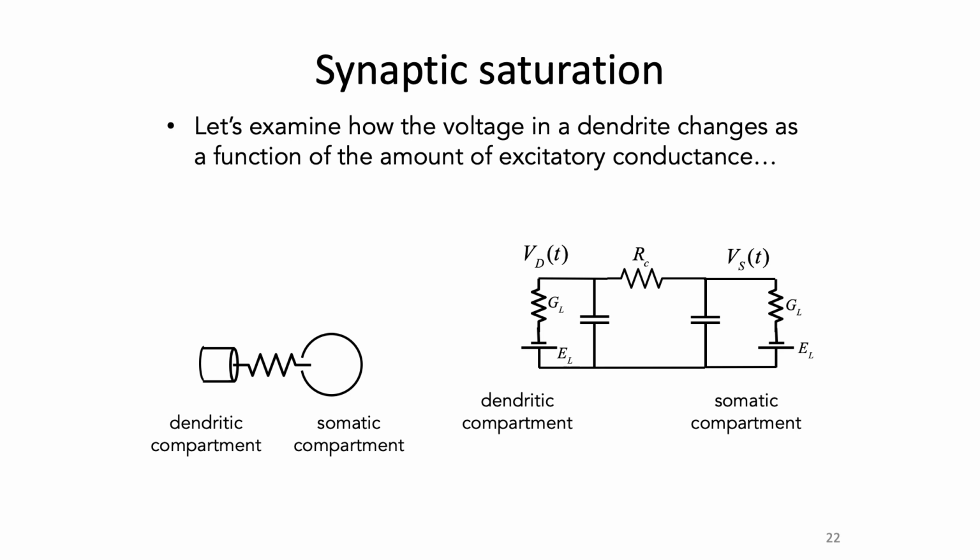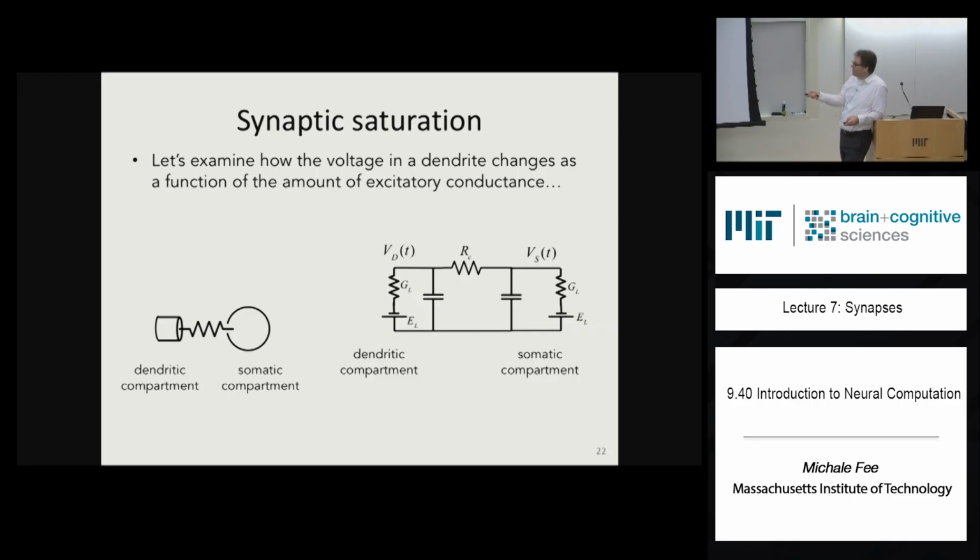Okay? And you have the same kind of model, capacitor, conductance, reversal potential, battery for the soma. And of course, those two compartments are connected to each other by a resistor that represents the axial resistance of the piece of dendrite that's really connecting them. Okay? So that's called a two-compartment model.